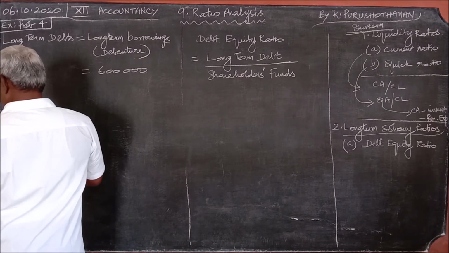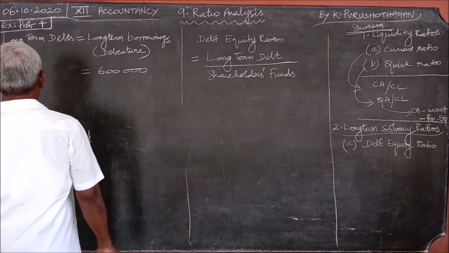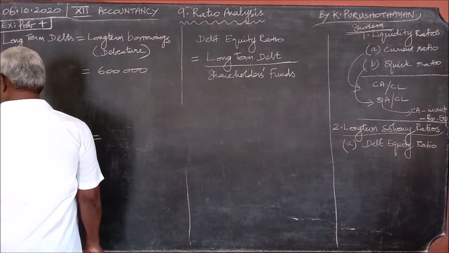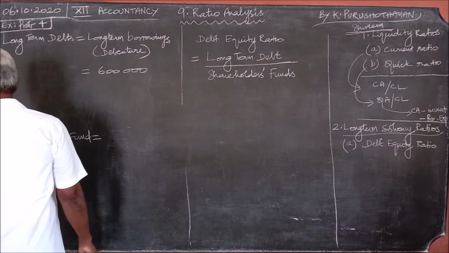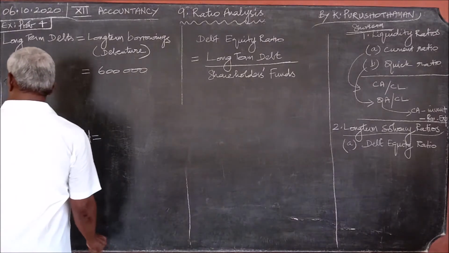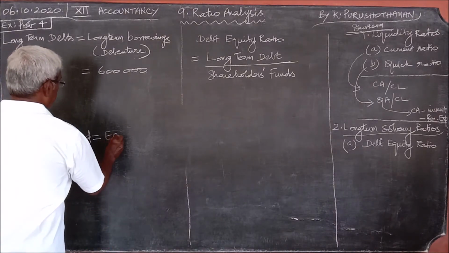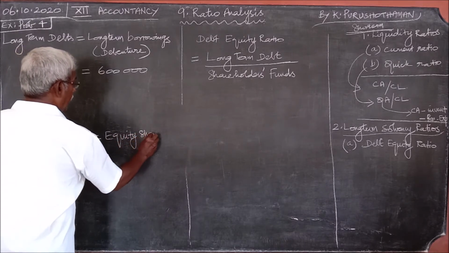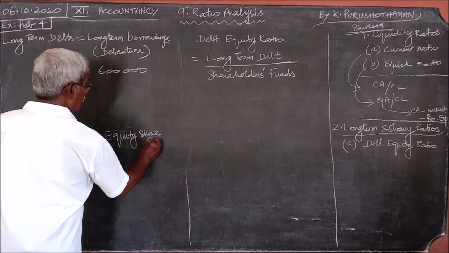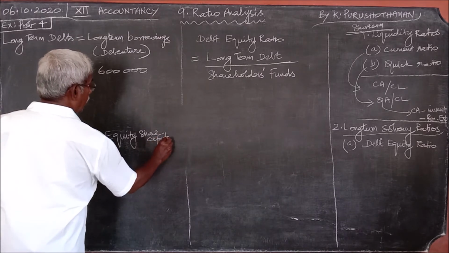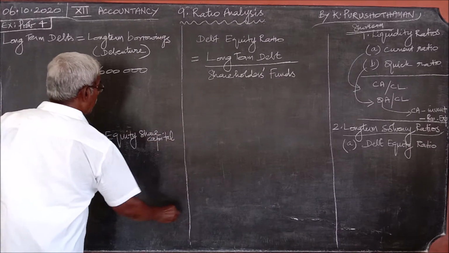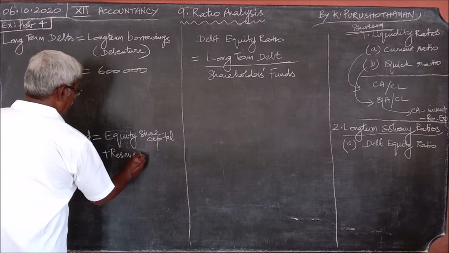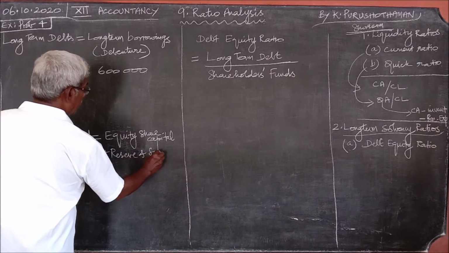Then the next one is shareholders fund: different types of shares plus reserves and surplus. And what is there in this problem also? Equity share capital plus reserve and surplus.